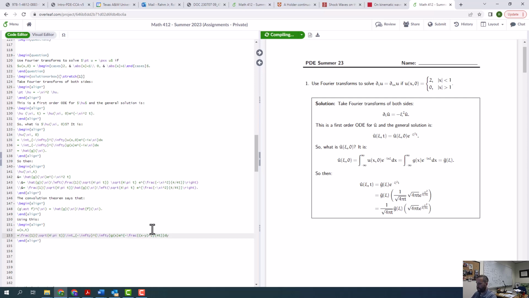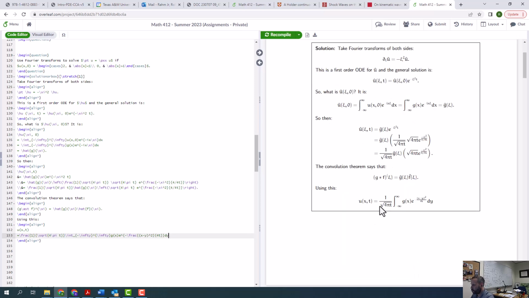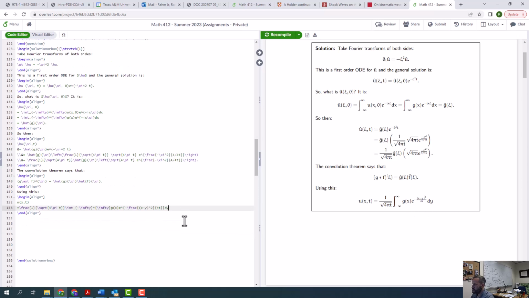Let me compile that to make sure that I got everything. Yeah, so this is what we have here. Again, the 1 over the square root of 4 pi t times this exponential. That's the fundamental solution. But now I'm actually going to use what g is.